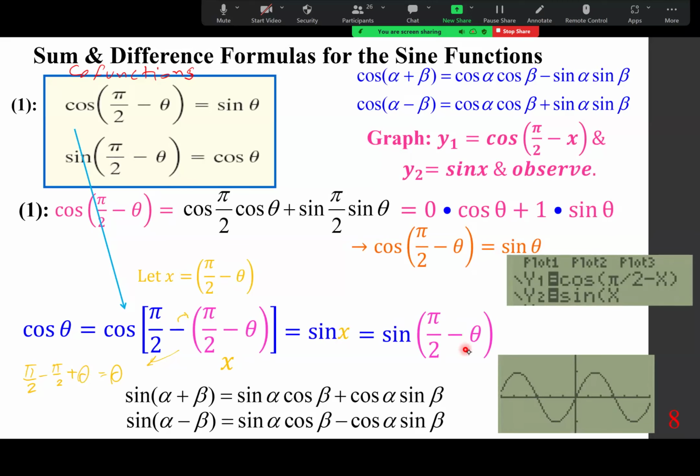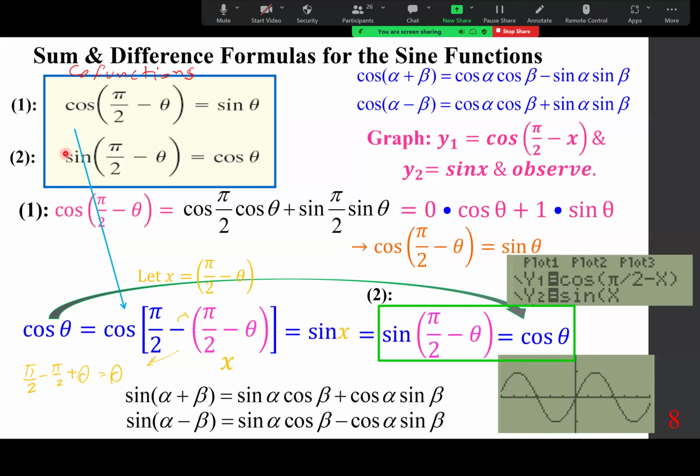Sine of pi over 2 minus theta. So in essence, we are proving cosine theta is sine of pi over 2 minus theta. So let's just write cosine theta. We're just putting it here, and this box, call it number 2. Believe it or not, we proved this with the algebraic manipulation of theta being pi over 2 minus pi over 2 plus theta.